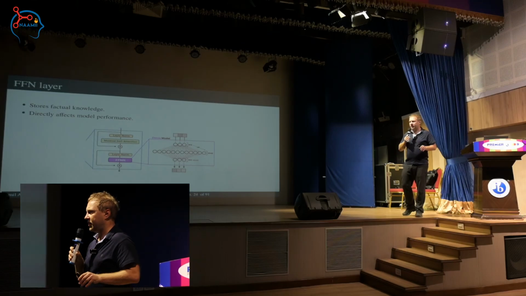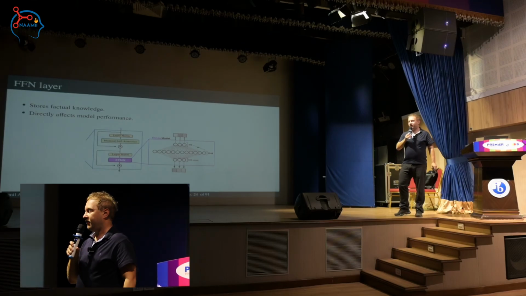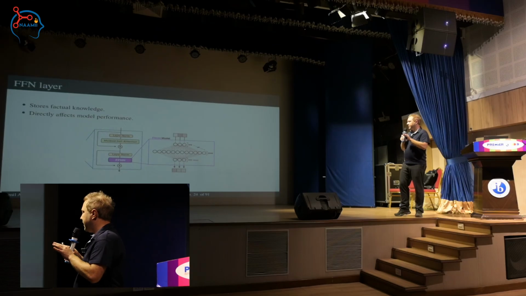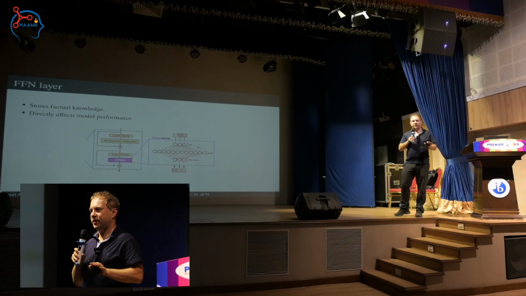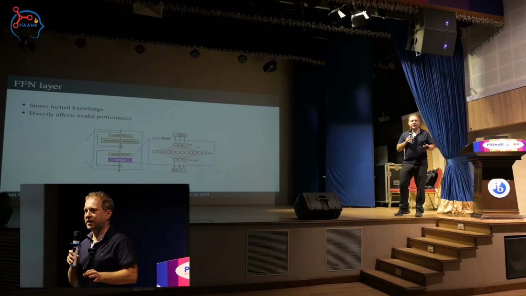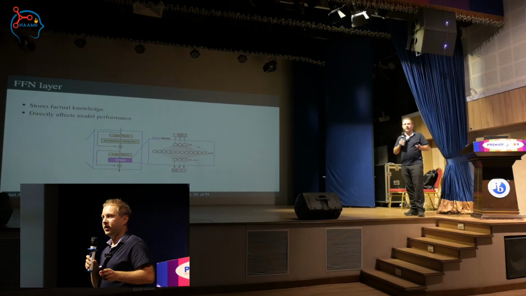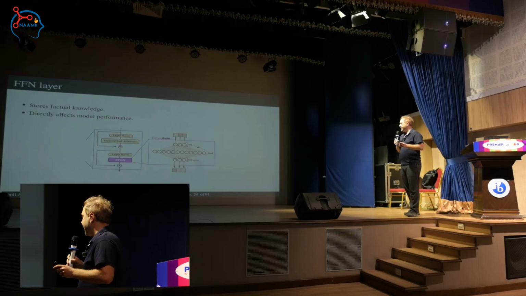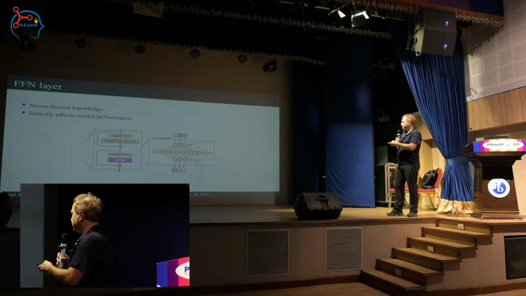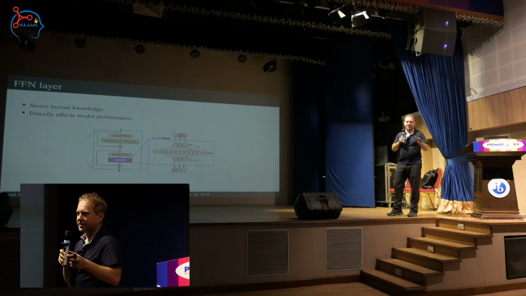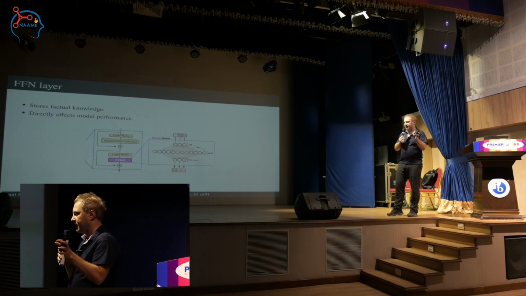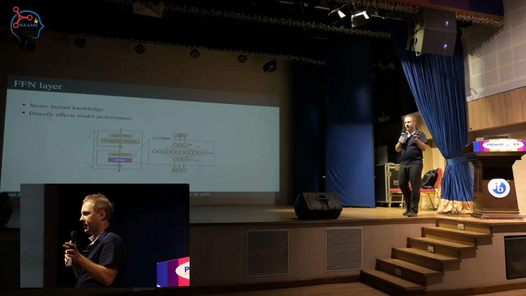So digging a little bit deeper into the FFN layer, the typical FFN layer in the current transformers is basically a two-layer network. It's a two-layer MLP, which, as you see, takes an input of the size called D model. So this is the dimension of the network.